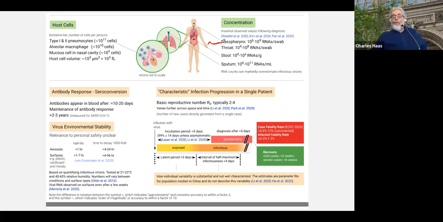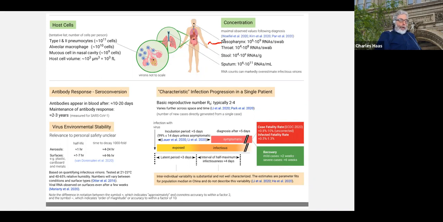When throat samples are taken, somewhat less. There have been very, very low, much lower concentrations of RNA measured in stool. Again, this is not for SARS coronavirus 2. The stool measurements at this point are very fragmentary, but this is perhaps an upper limit. And then finally in sputum.